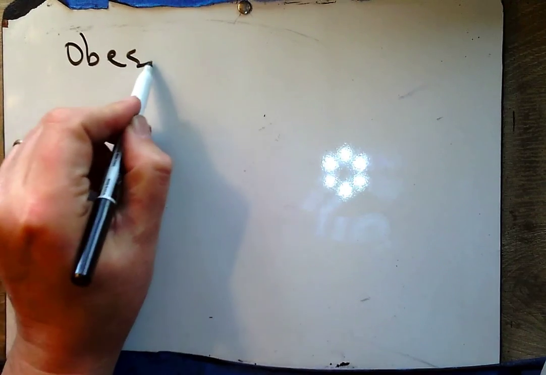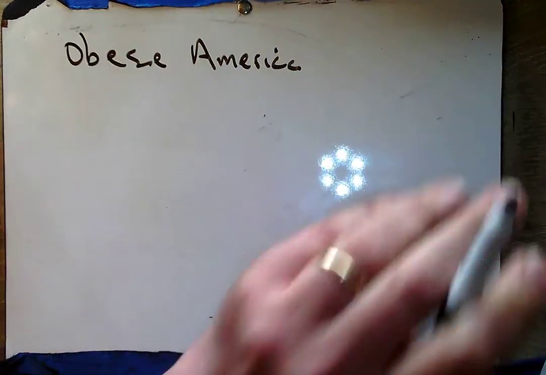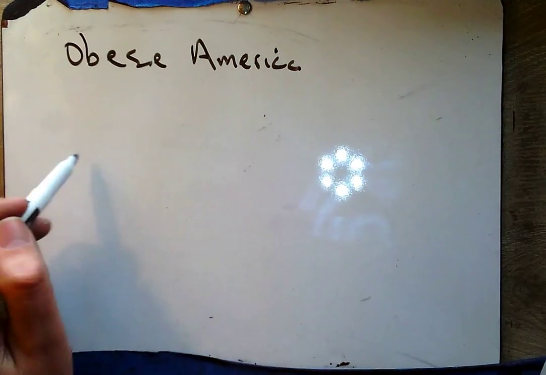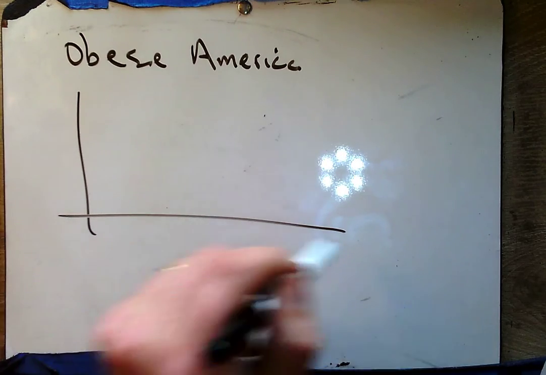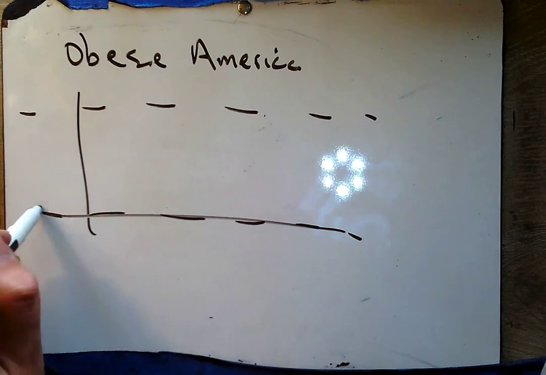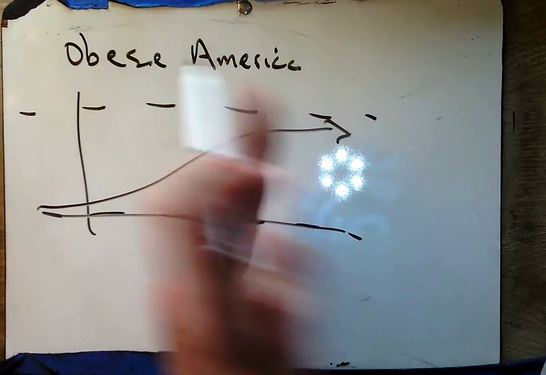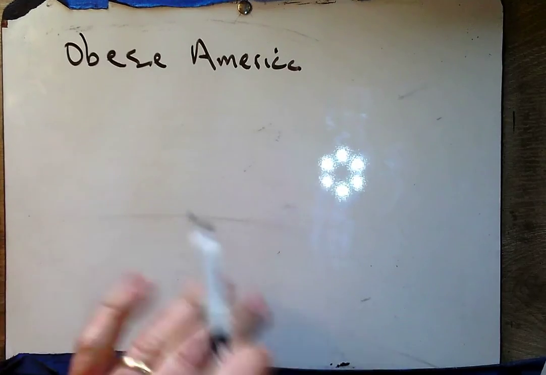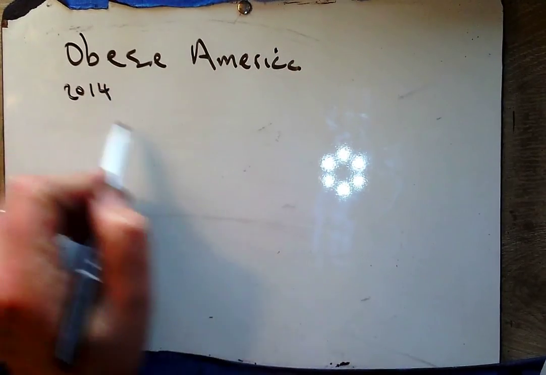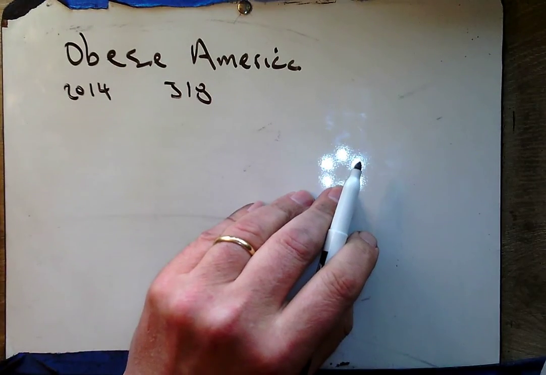Okay. Obese America. I'm going to tell you that you can't have an infinite number of obese Americans. There is a carrying capacity. There's a maximum number. You can't have more than all the Americans. So, in 2014, the population of the United States was 318 million.